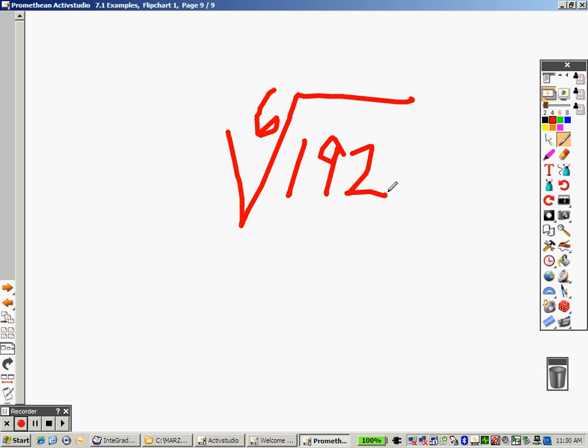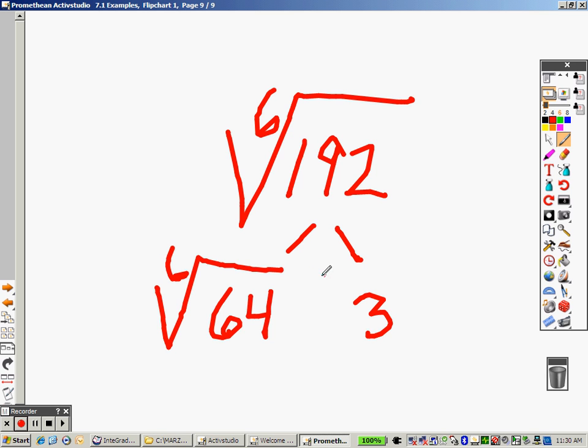I know you're sitting there saying, well, what number to the 6th power gives you 192? No, it doesn't. But what I can do is I can split this up into 64 and 3. And that means I have the sixth root of 64 and the sixth root of 3.